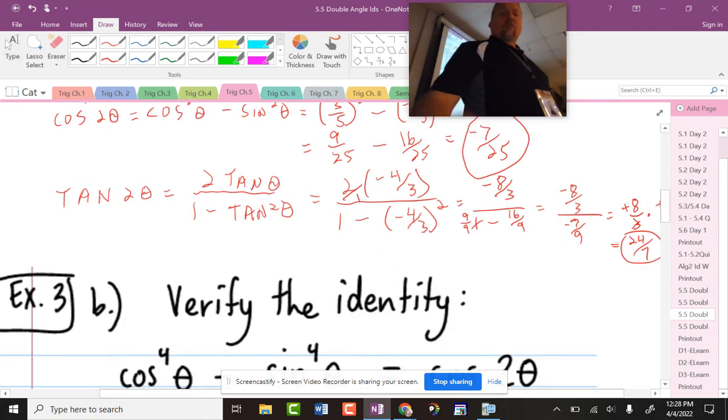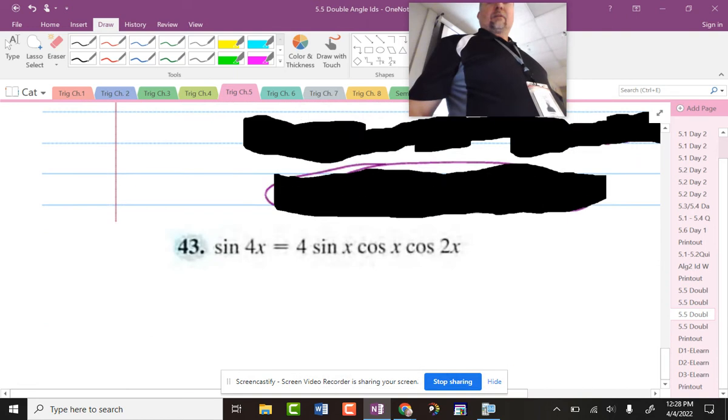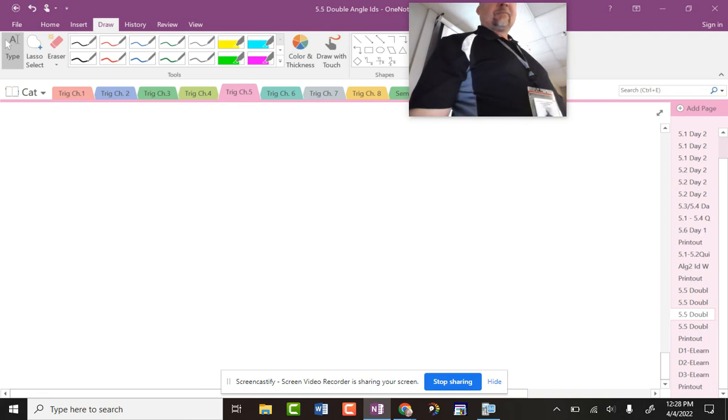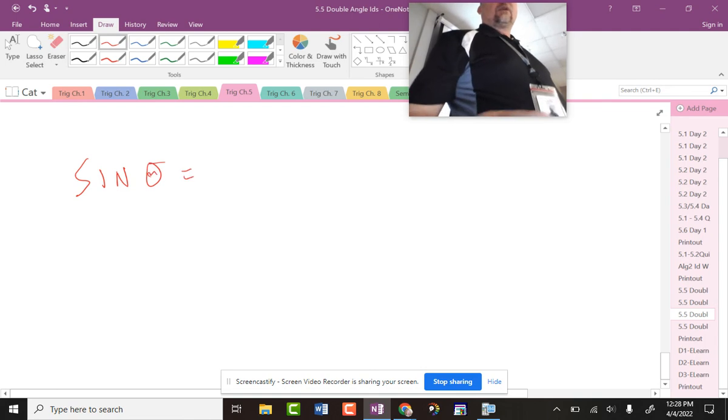I should do one more. I'm just going to make up one. I do like this one. Let's say we have this, and let's do tangent. Sine of theta equals, let's say negative 3/7.